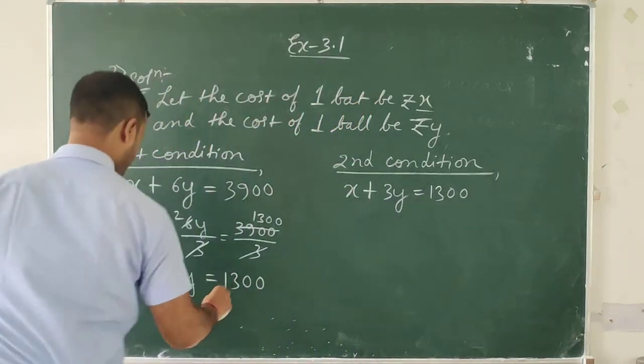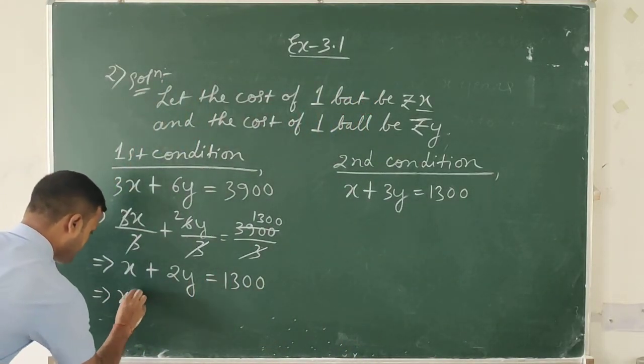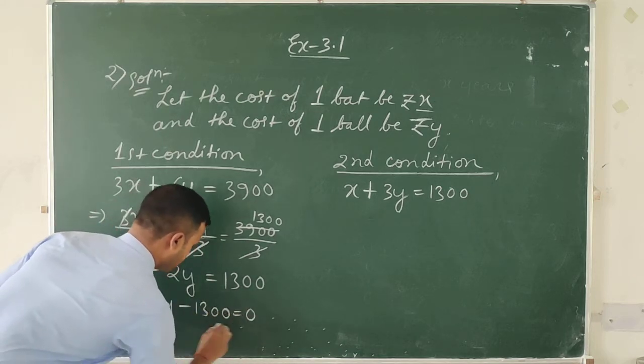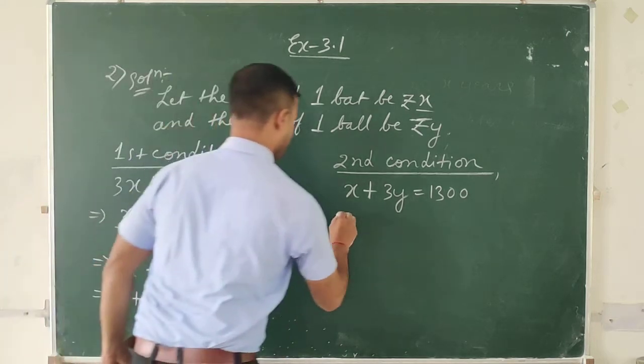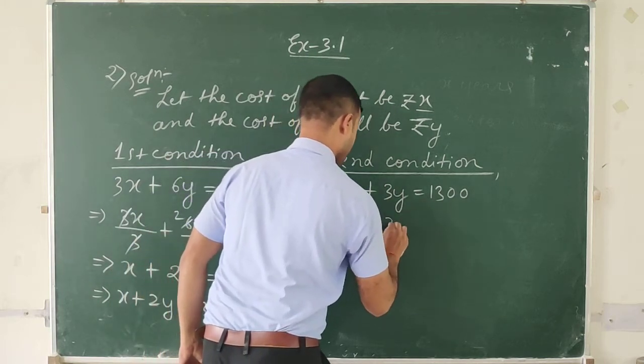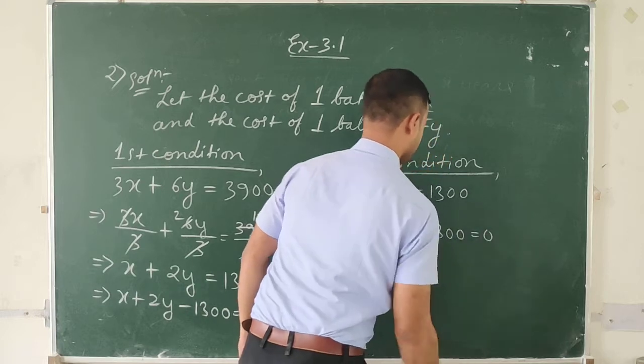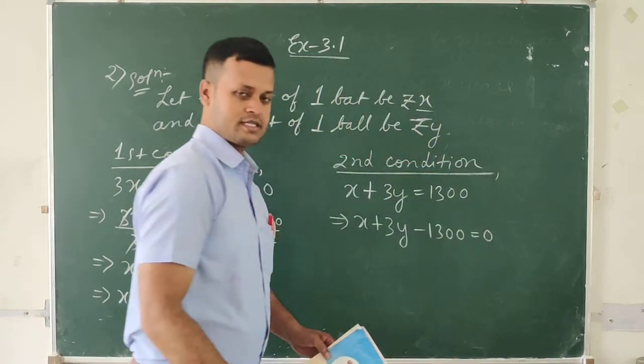You can just bring the 1,300 to the left hand side also: x plus 3y minus 1,300 is equal to 0. Like this way we keep minus 1,300. This you can also keep.